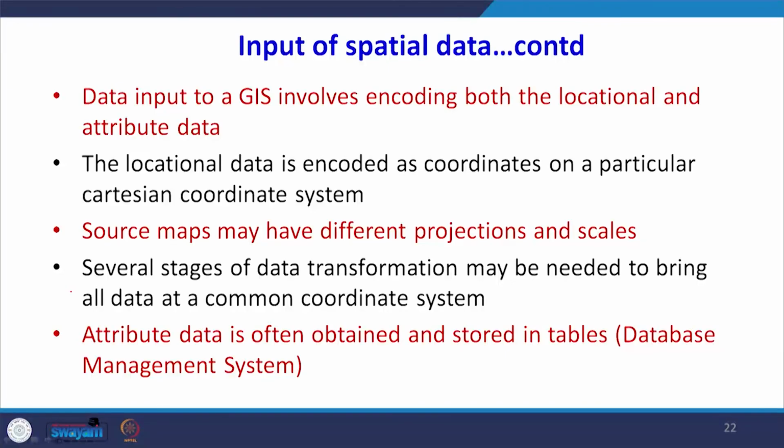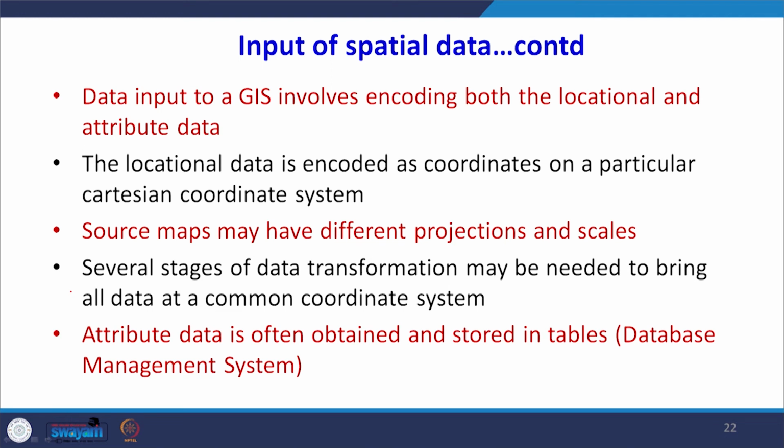So location data is the data which is linked with a coordinate system, either a particular Cartesian coordinate system or a lat-long system. The source maps which we are using from the different sources may have different projection systems, different scales, and different errors present in them.